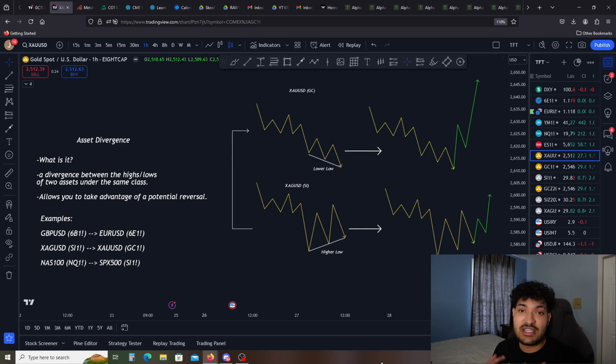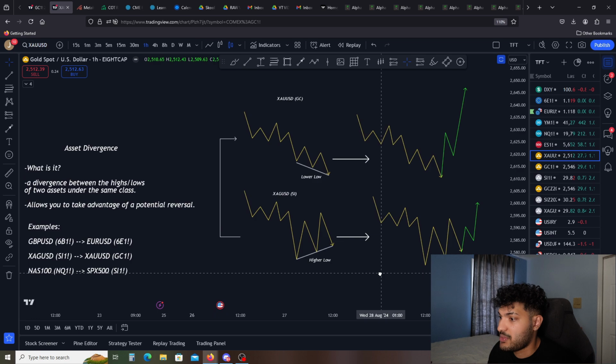For example, you might be asking, what if Euro USD makes the higher low and GBP USD makes the lower low? You might be so confused, like, how do I do it? Because there are two different variations. You don't want to make it complex. You only want to use one version of this, and then only look for setups like this. Very simple.